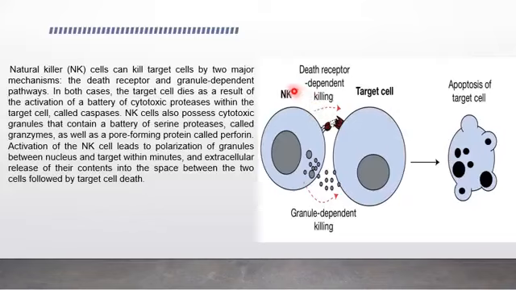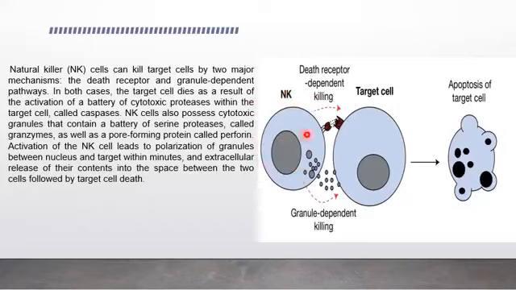When cells are infected with a virus, for instance, they fail to express self MHC class 1, and the natural killer cell looks for proteins on the surface and is able to bind and activate the natural killer cell receptors.